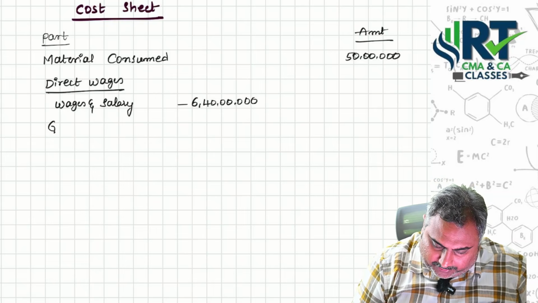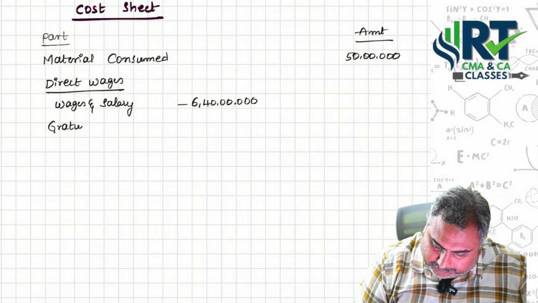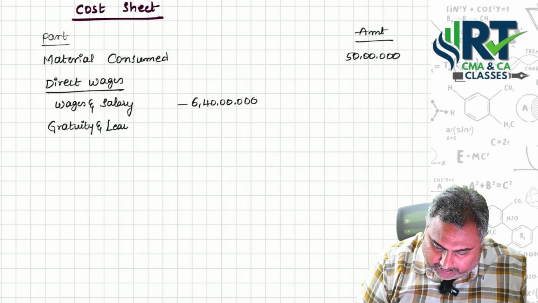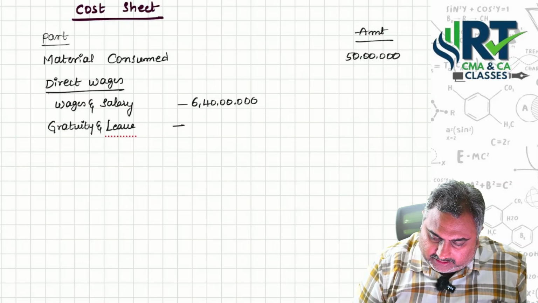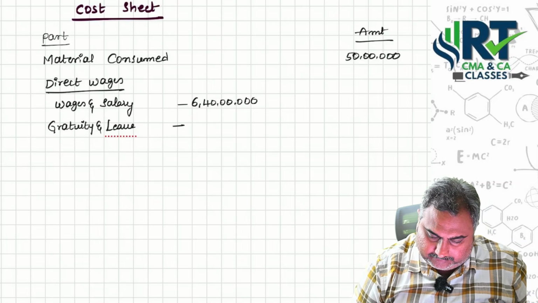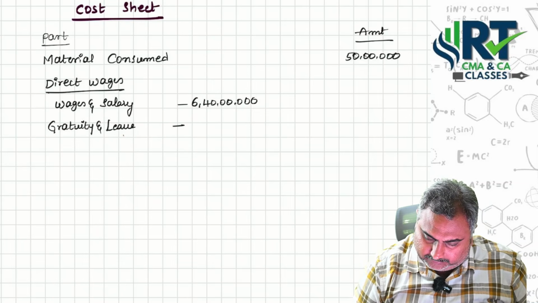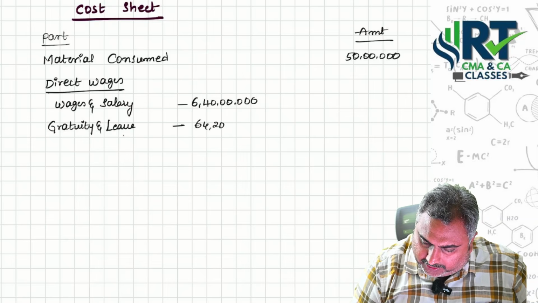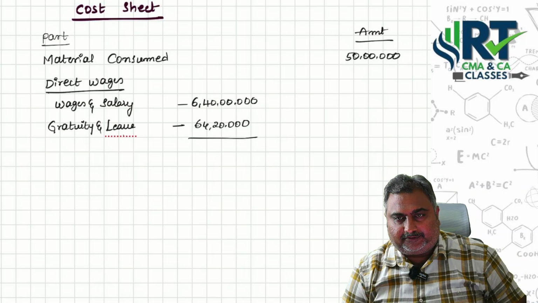And gratuity and leave encashment, they incurred 64 lakh 20,000 itself. Both are given in the question point of view.